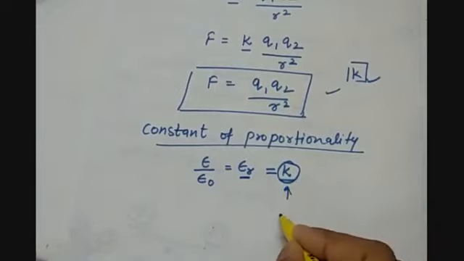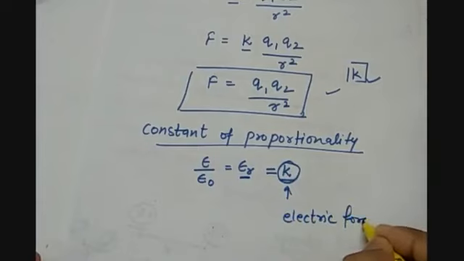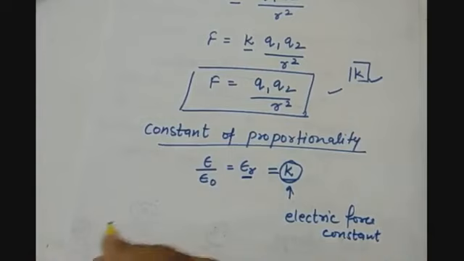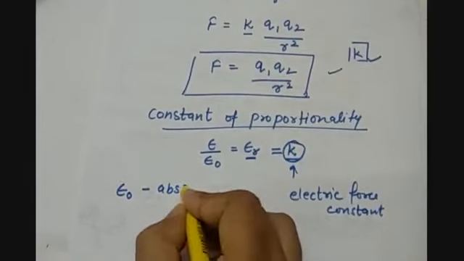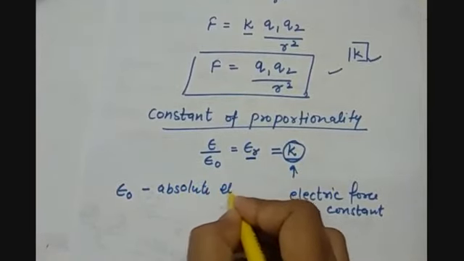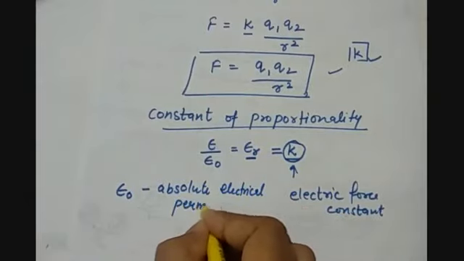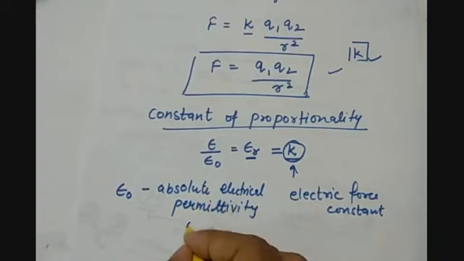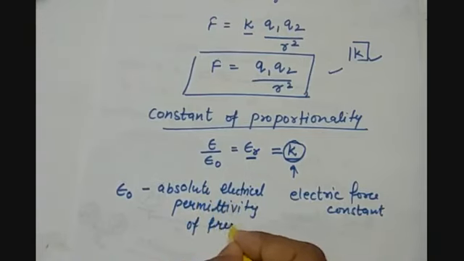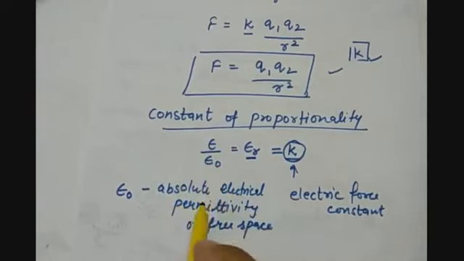K is also called the electric force constant. Whereas epsilon naught is called the absolute electrical permittivity of free space, and epsilon is the permittivity of the medium.